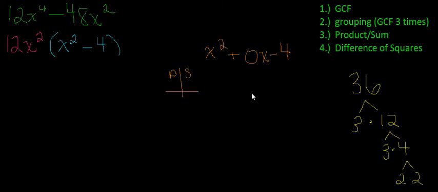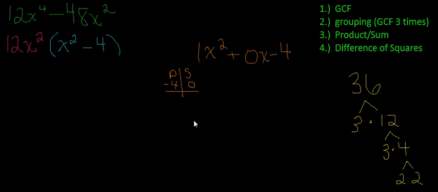The first way is to set this up like a trinomial, x squared plus 0x minus 4, since there are no regular x's in the middle, and we can use product sum. Since greatest common factor didn't work and grouping didn't work, we can try product sum. So we are looking for 2 numbers that multiply to 1 times negative 4, which is negative 4, and add to 0.